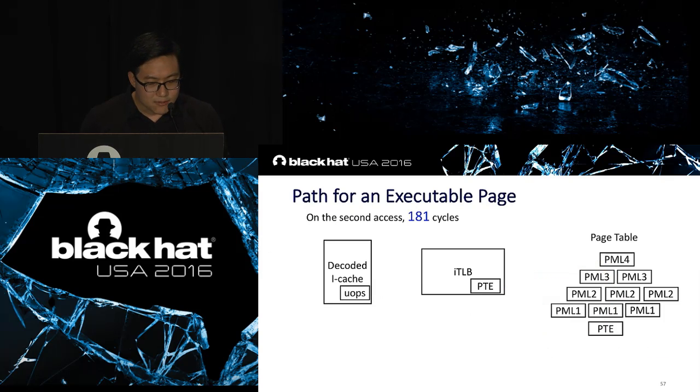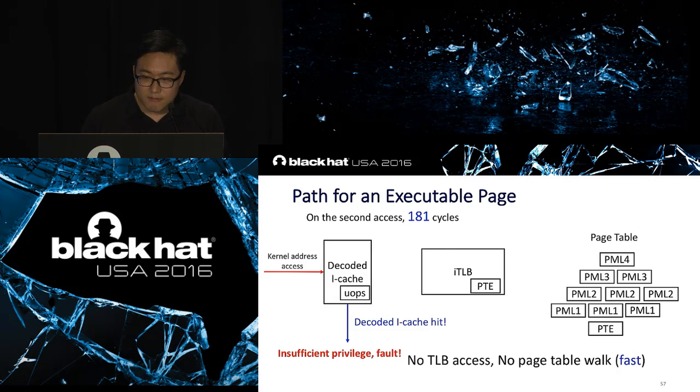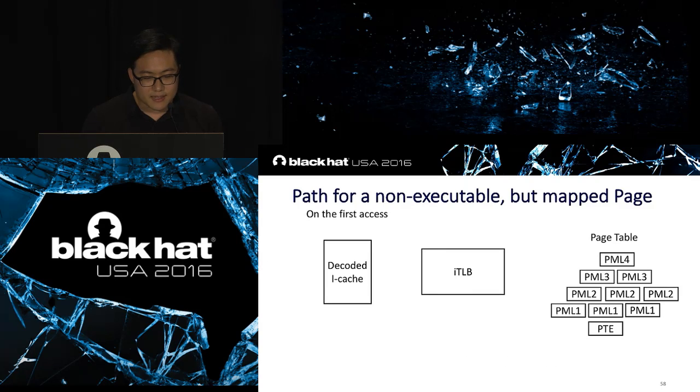And on the subsequent access, now it hits on the decoded I cache, so it faults faster. Since there's no TLB access and no page table walk, it is on the fast path.